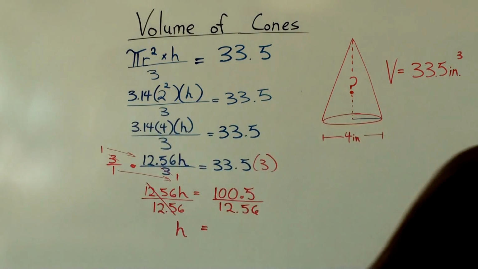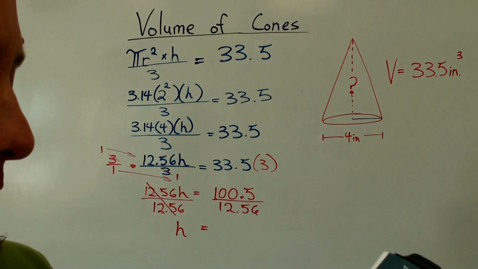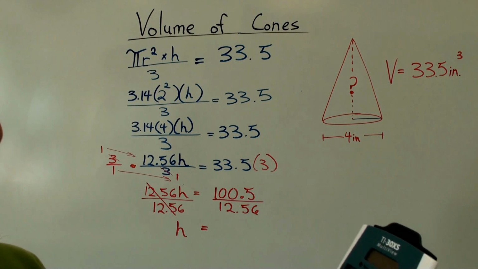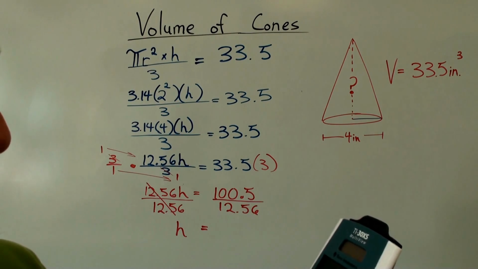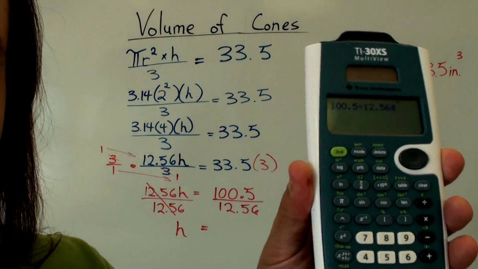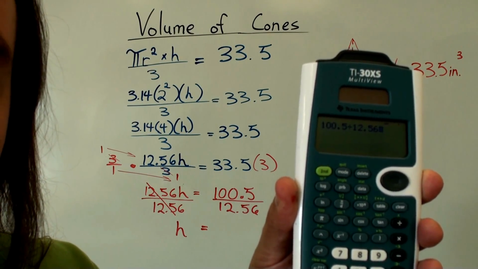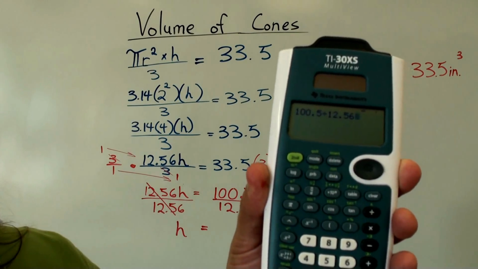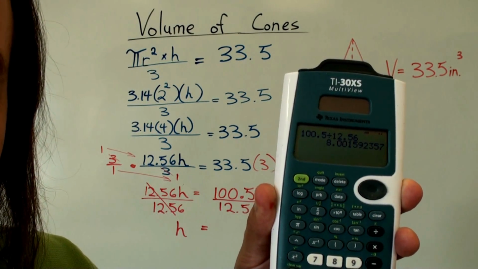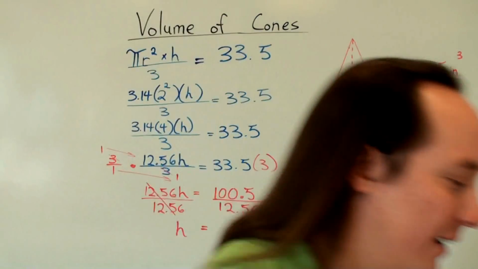All right, we'll break out the calculator. 100.5 divided by 12.56, and that gives us 8.00.